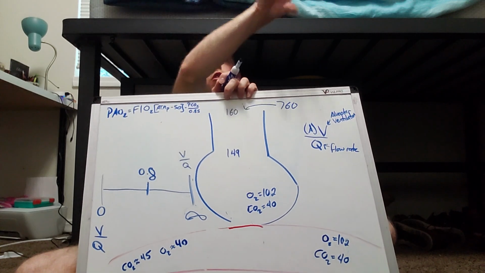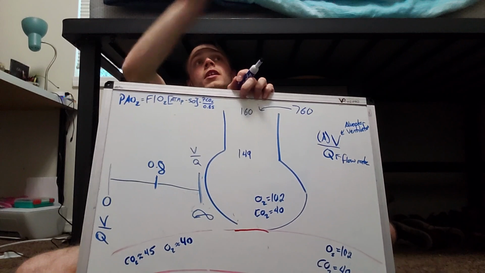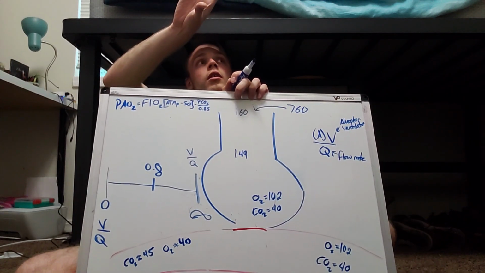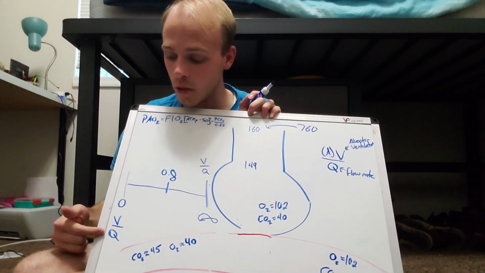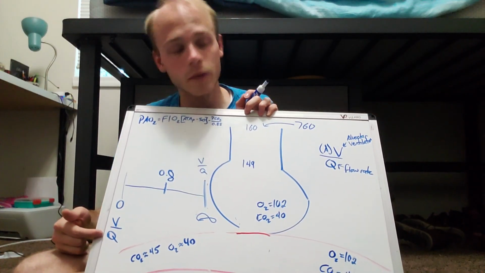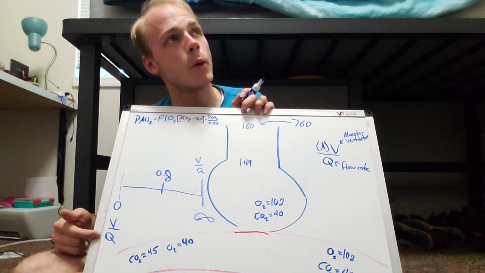If that immediately goes on instead of going to the lungs, you're now going to start pumping a bunch of deoxygenated blood throughout your body, which is really bad. But that makes sense. Your Q becomes really, really big. Right? No, really small.